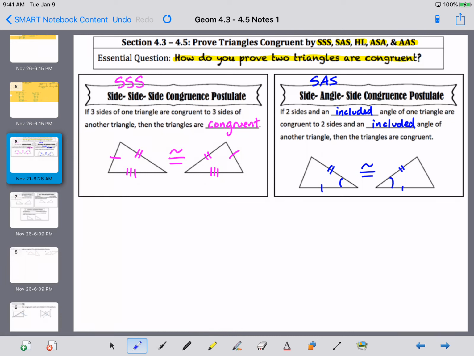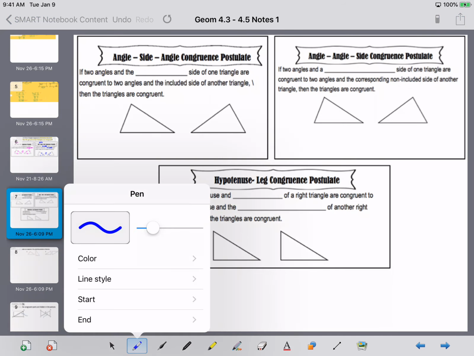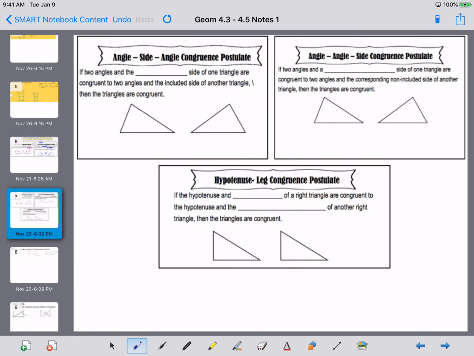All right. Our next 3 theorems rather, there is a theorem for angle side angle, which tells us if 2 angles, so this angle and this angle, and the included side, which means the side between those 2 angles of one triangle, are congruent to 2 angles and the included side for another triangle, then the 2 triangles are congruent.